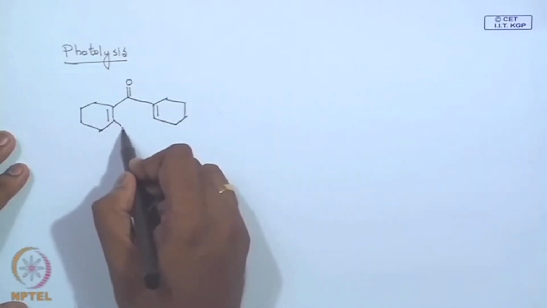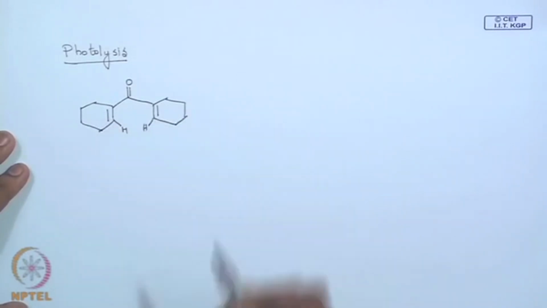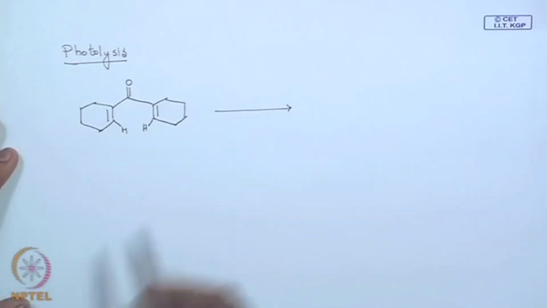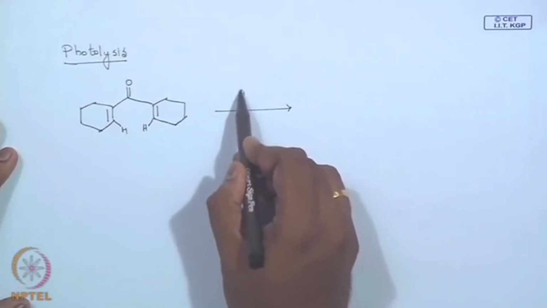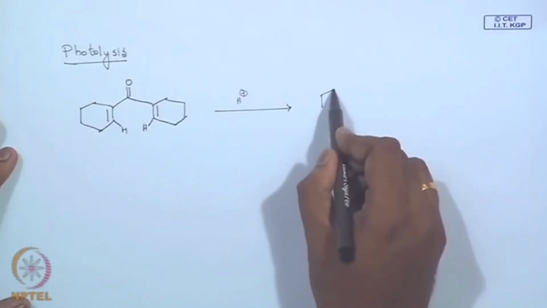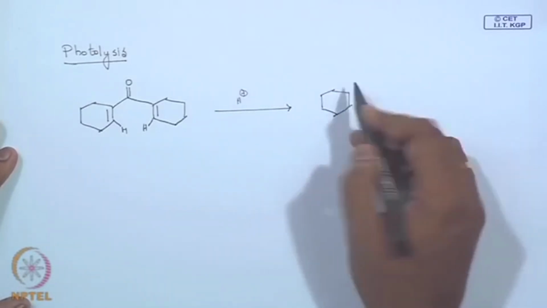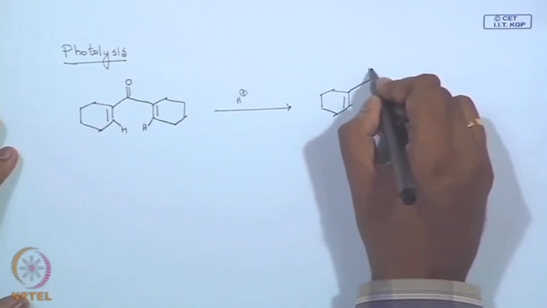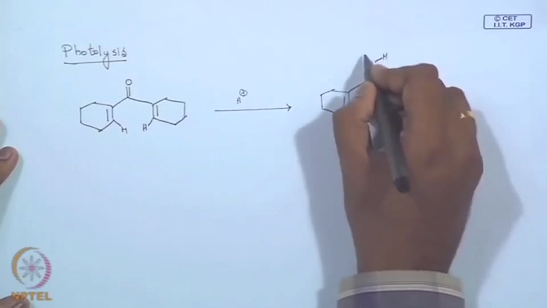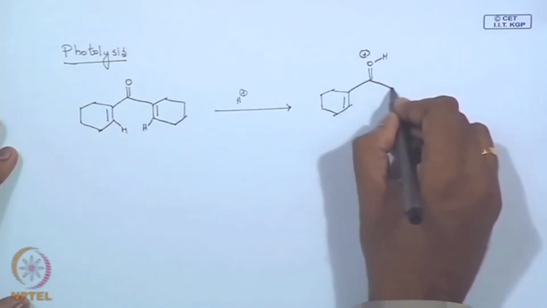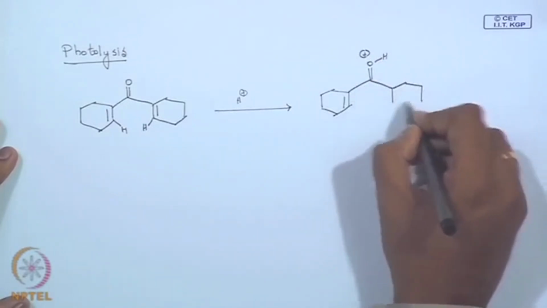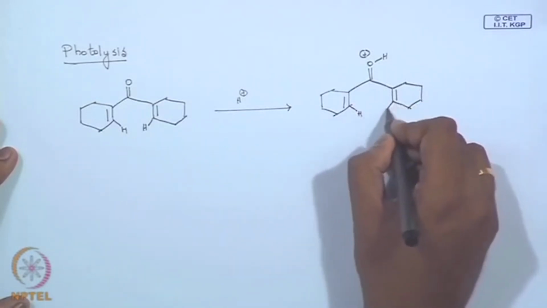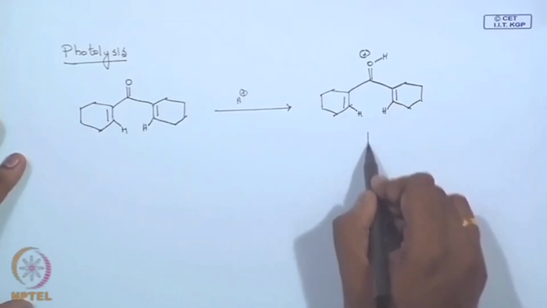So I have my hydrogen which is important for me, which is going to decide. Now again we know it is H plus, so I can write the protonation step. Then I can write like this.